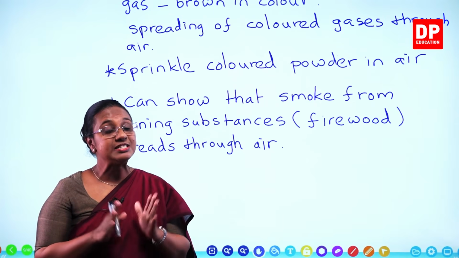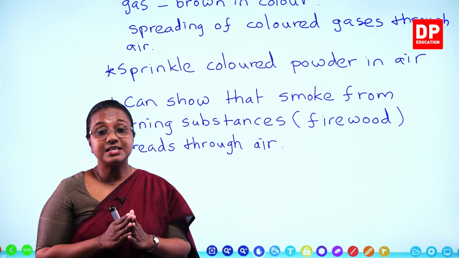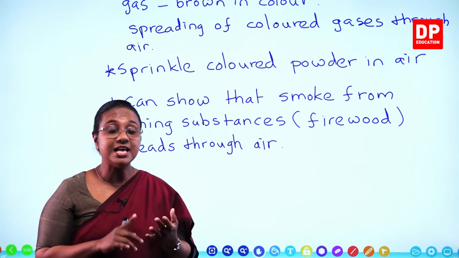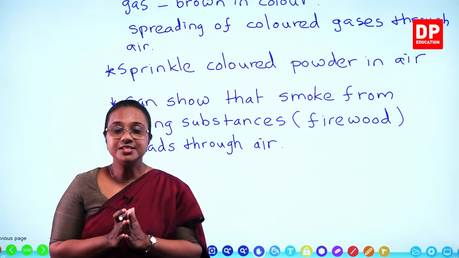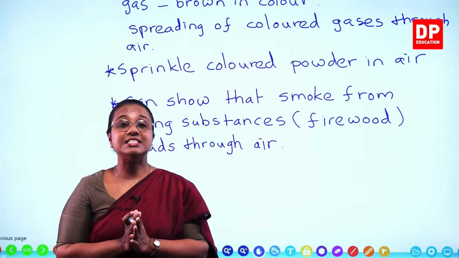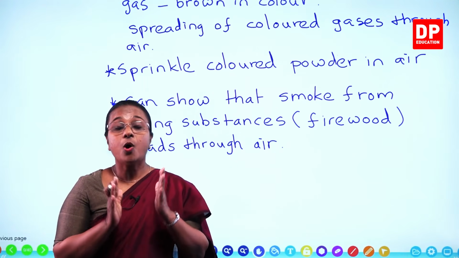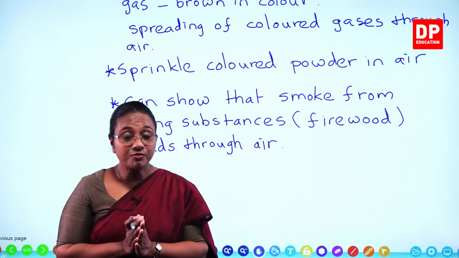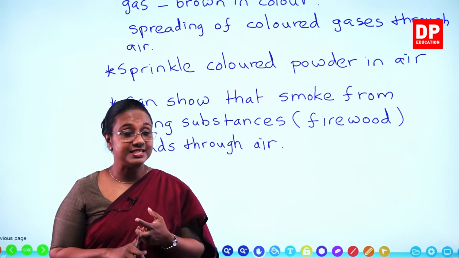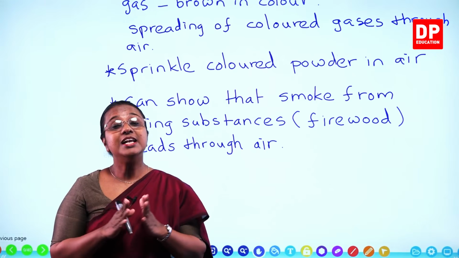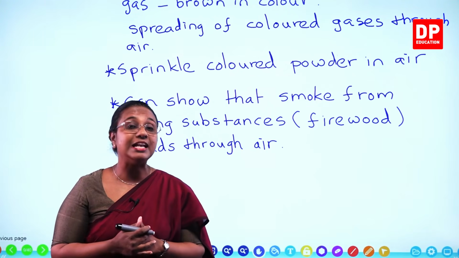With that, students, I am sure you were able to understand the discontinuous nature of solids, liquids and gases as well. From all these activities and observations, you can now clearly understand that all matter, irrespective of their state, whether they are solids, liquids or gases, is discontinuous in nature, or you can say particulate in nature.